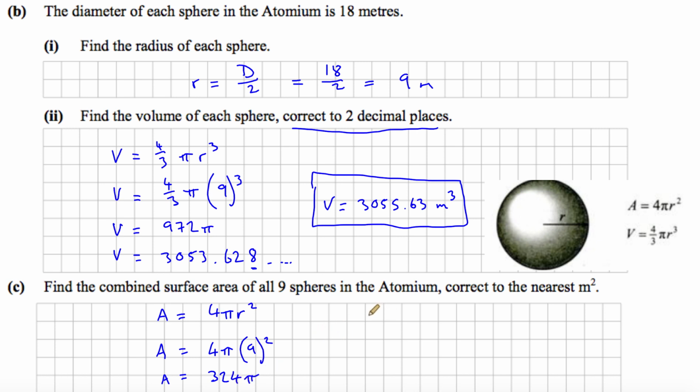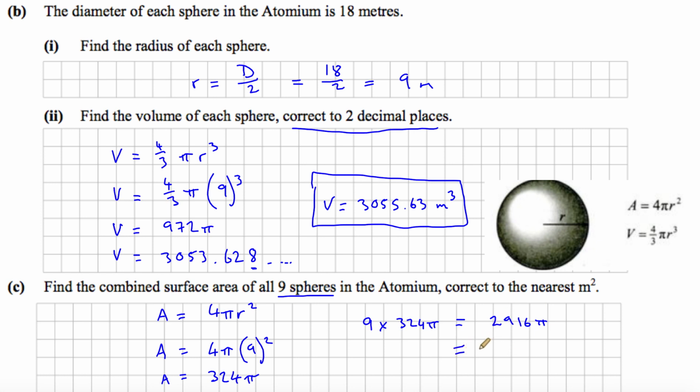And that's just one sphere, the area of one sphere, but we know that it's 9 spheres, the combined surface area of 9 spheres. So I'm going to multiply that by 9. So 9 by 324 pi gives me 2916 pi.